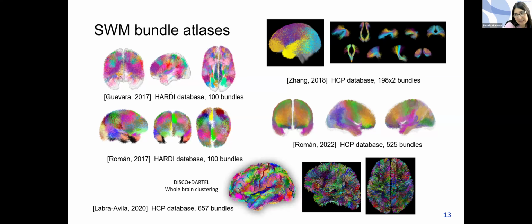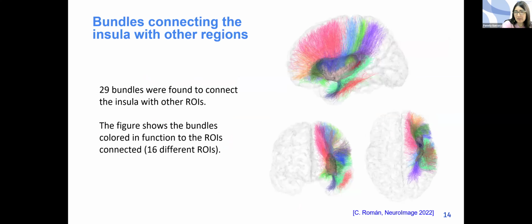But in any case, these atlases have enabled the study of these bundles, and also this is just an example of some connections that have not been studied at the population level, for example, the insula connections and other kinds of connections. So these are useful for this kind of general description of the bundles.